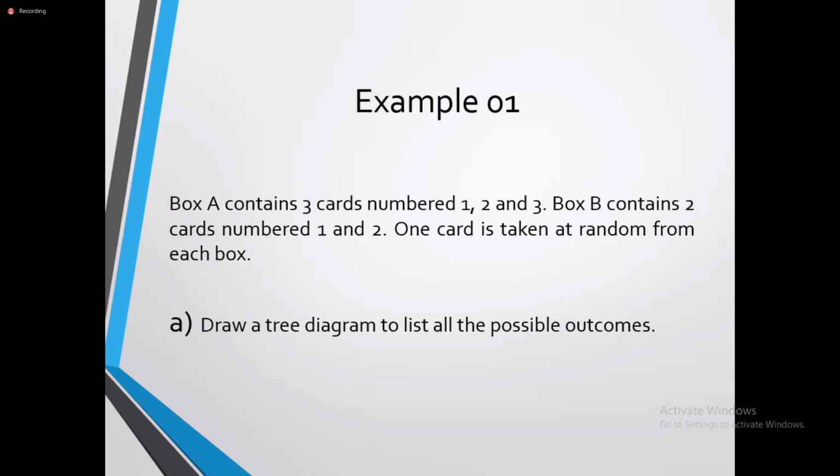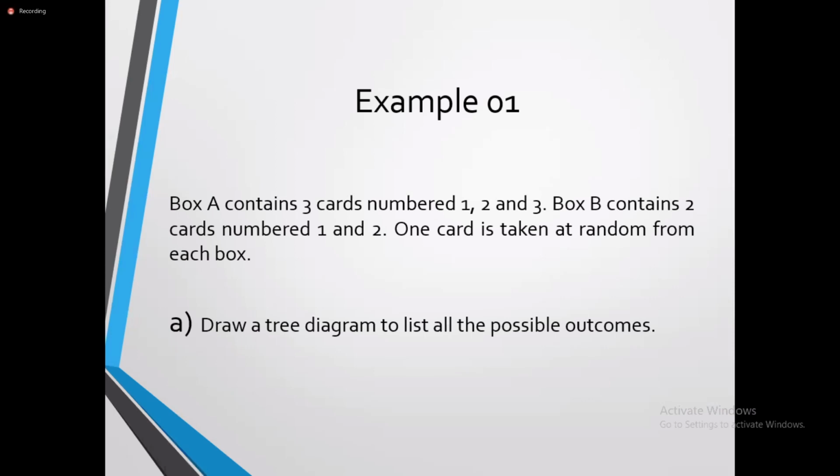Now it says 1 card is taken at random from each box. We are taking only 1 card from each box, right? Now, can you draw a tree diagram to indicate the associated probabilities?